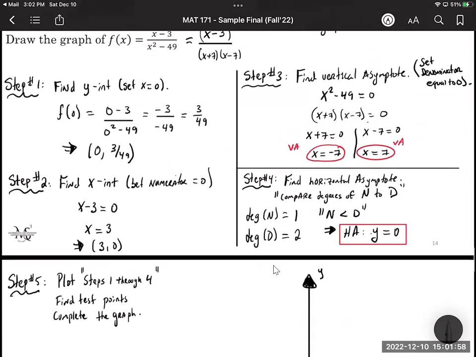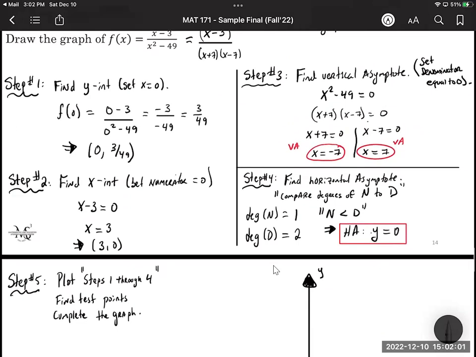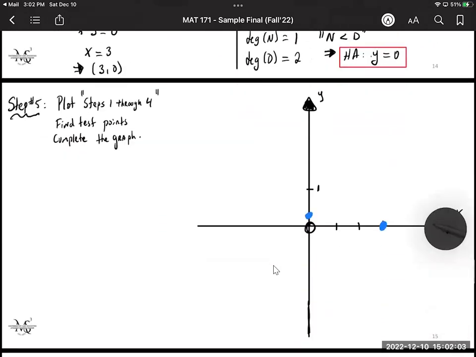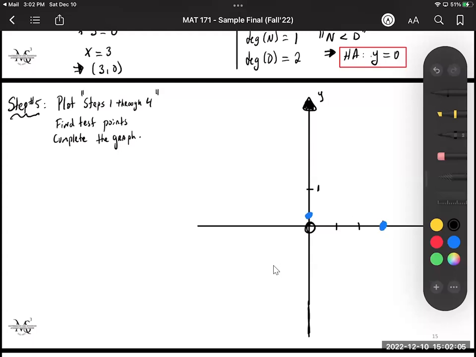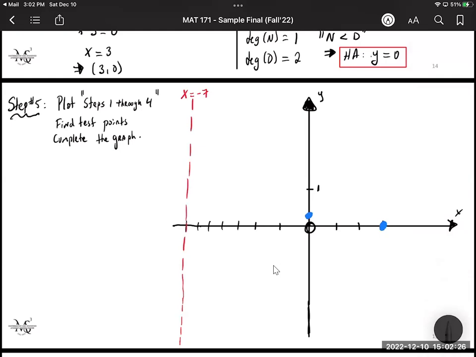Now we plot the vertical asymptotes, which were -7 and 7. So -7 would be 1, 2, 3, 4, 5, 6, 7. That would be this dashed line here as the vertical asymptote, x equals -7. Now I do +7.